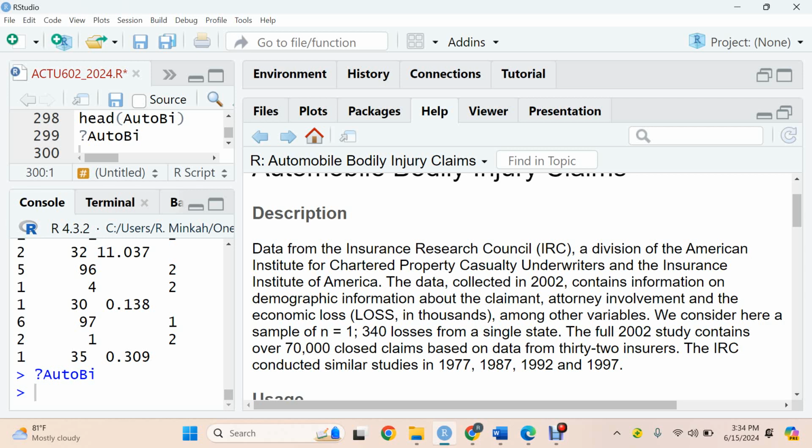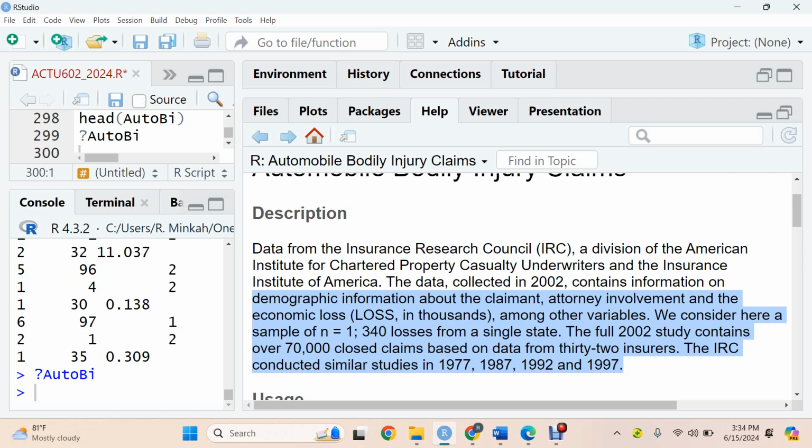Okay, so if you look over here, it tells you that it was collected in 2002. It has demographic information on the claimant, the attorney involvement, economic loss in thousands, among other variables. We consider here a sample of N equal to 1,340 losses from a single state.